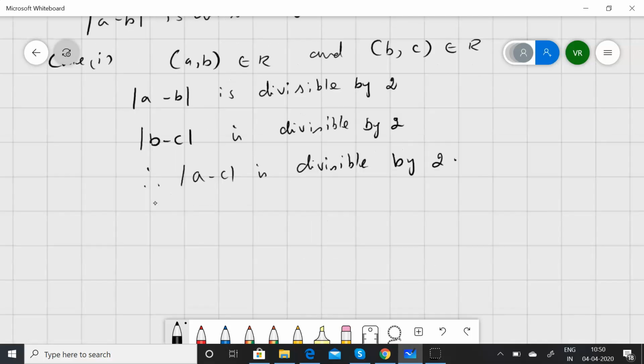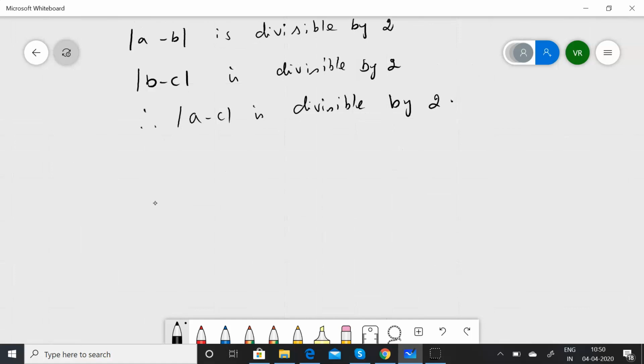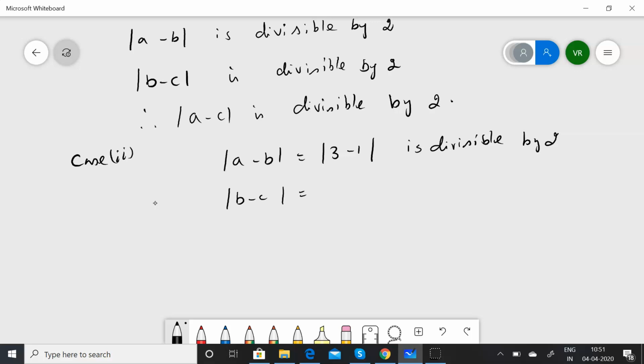Now coming to the second case, case 2, where a and b are not divisible by 2. Let us take 3 and 1. So modulus of a minus b, modulus of 3 minus 1, is divisible by 2. Also, c is not divisible by 2. In that case, if we take b minus c, let us take c to be 5.